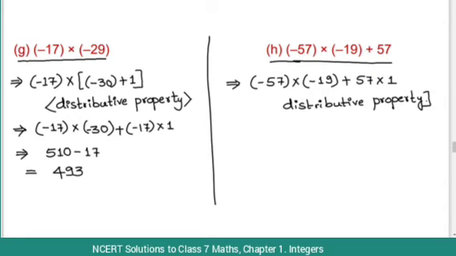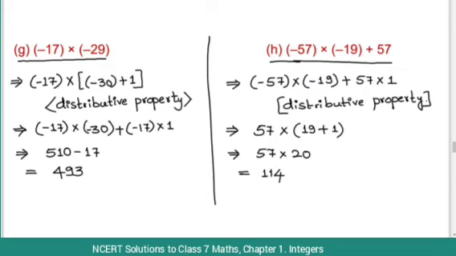So this becomes minus 57 into, so minus minus get cancelled here, 57 into bracket 19 plus 1. 19 plus 1 is 20. So 57 into 20, which is equal to 1140.